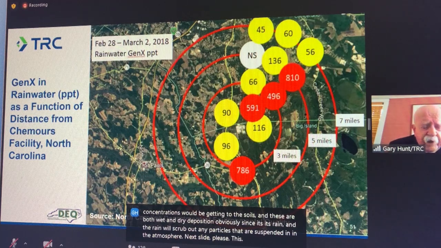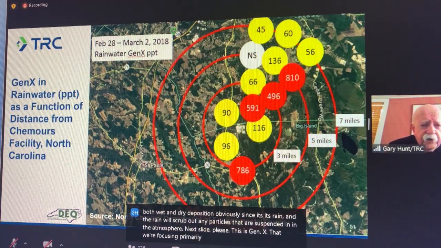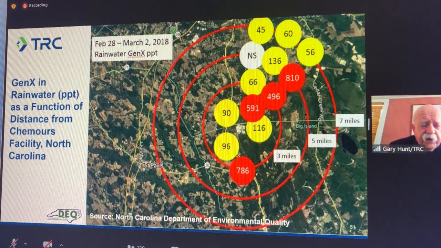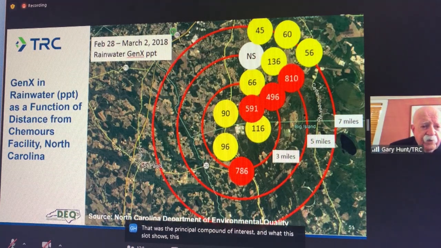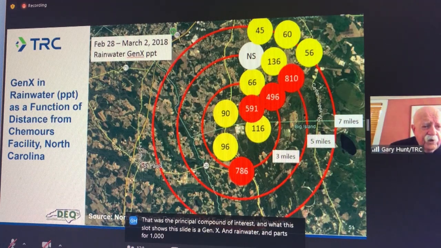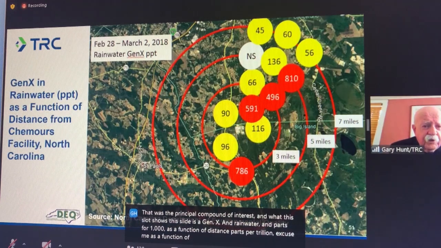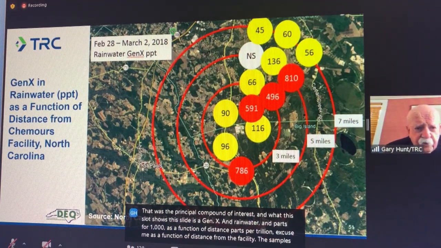This is GenX. They were focusing primarily on GenX in these studies around Chemours, because that was the principal compound of interest. This slide shows the GenX in rainwater in parts per trillion as a function of distance from the Chemours facility. These samples were collected in 2018.